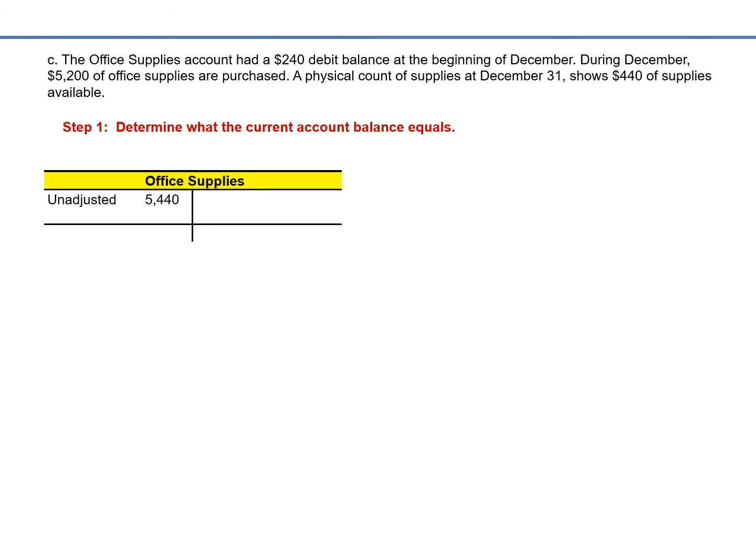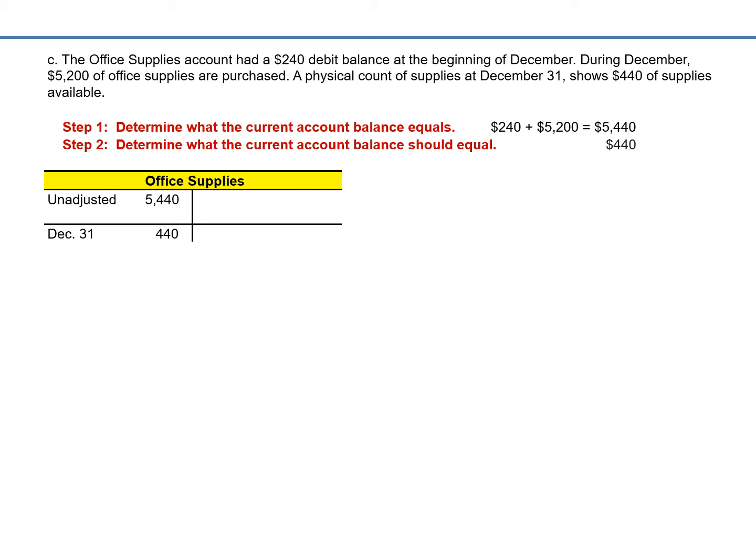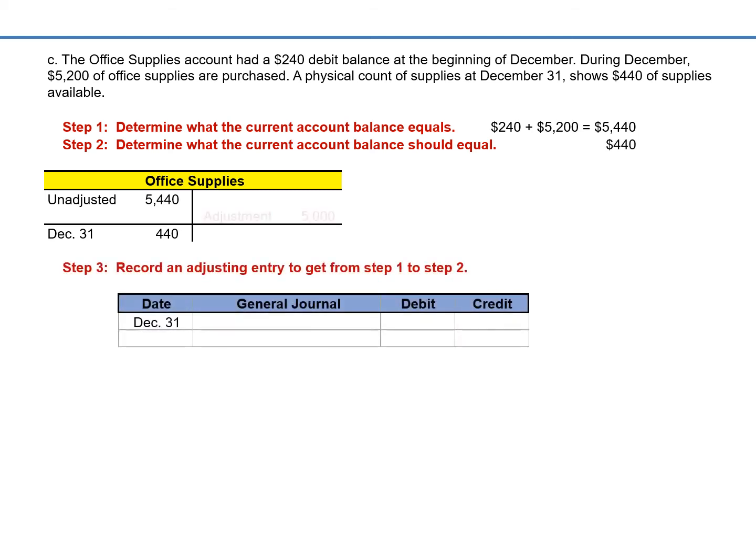Plus $5,200 of the purchases for a total of $5,440. And our balance needs to equal $440. So to get from $5,440 debit balance in office supplies to a debit balance of $440, our balance needs to decrease. We decrease balances in asset accounts with credits, and in this case, a credit of $5,000, right? So we have a credit to office supplies for $5,000 and a debit to office supplies expense for $5,000.